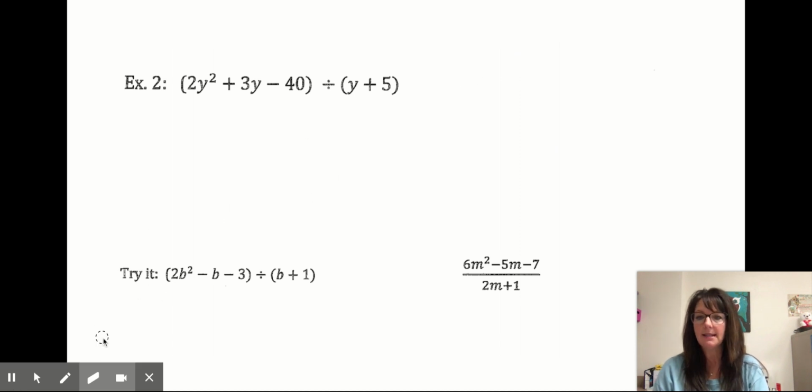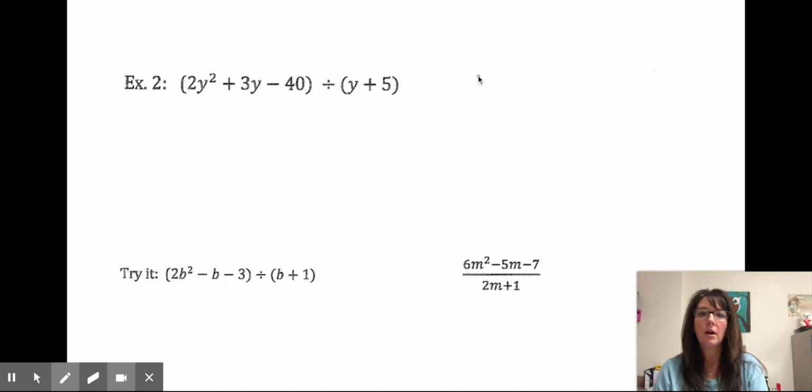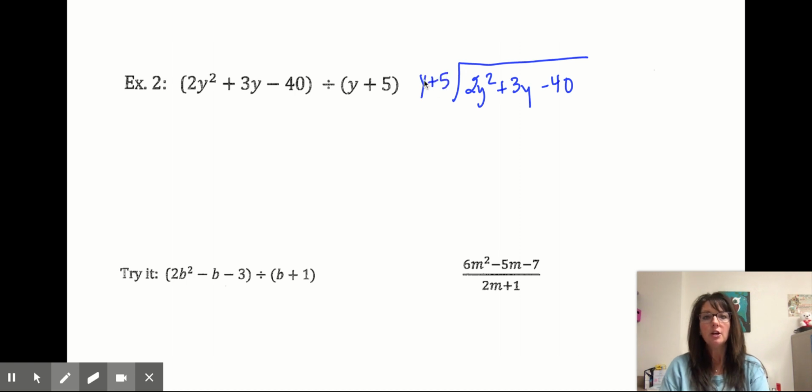Okay, so we want to set this up. Here we go. We're going to take 2y squared plus 3y minus 40 divided by y plus 5. So we'll put our 2y squared plus 3y minus 40 underneath the division bar. Our y plus 5 goes outside. So we're going to take the first term, y, into the first term here, 2y squared.